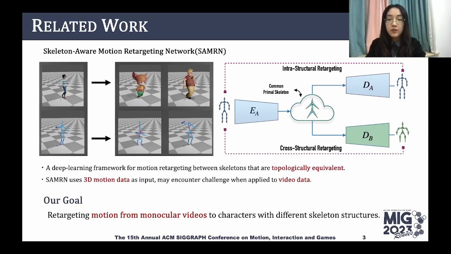However, it's important to note that this network primarily targets 3D motion capture data. Our goal diverges slightly. We aim to adopt the motion extracted from videos through deep learning to different characters. In essence, we are using motion data extracted from monocular videos as the source motion for our retargeting process.